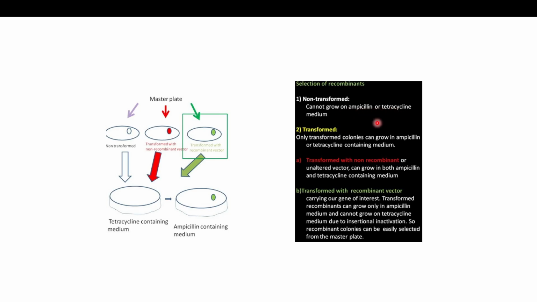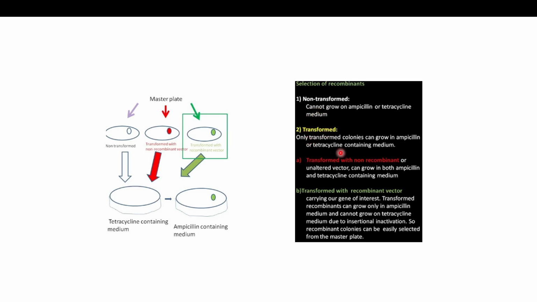If none of the cells are able to grow in ampicillin or tetracycline medium, then the cells are non-transformed. If cells are able to grow in ampicillin medium, tetracycline medium, or both, then we can say the cells are transformed.